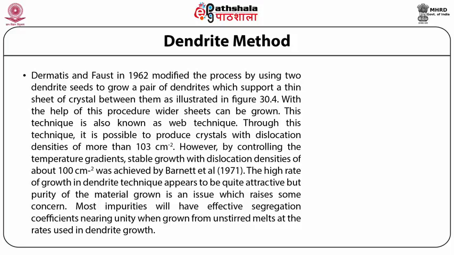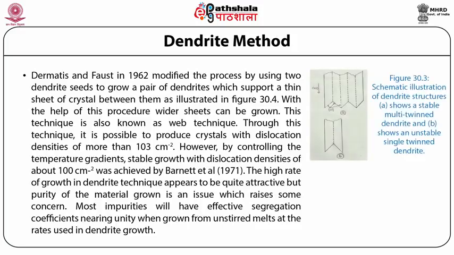In 1971. The high rate of growth in dendrite technique appears to be quite attractive, but purity of the material grown is an issue which raises some concern. Most impurities will have effective segregation coefficients nearing unity when grown from unstirred melts at the rates used in dendrite growth.